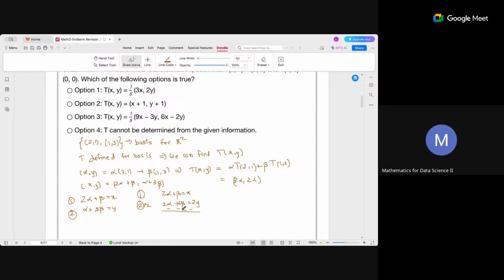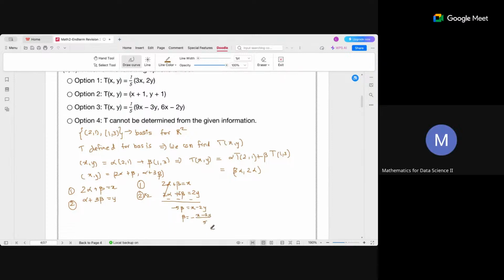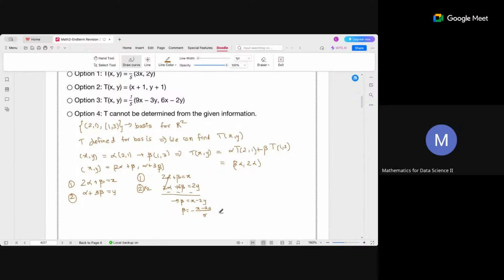Suppose we are subtracting, then what will we get? Minus 5 beta is equal to x minus 2y. So beta is equal to minus (x minus 2y) by 5. Now from this, how do you find alpha? Substitute back in 1. 2 alpha plus beta, so 2 alpha minus (x minus 2y) by 5 is equal to x.